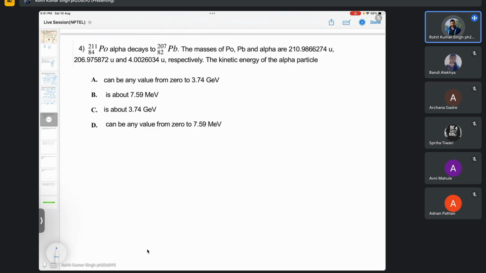So this is a problem on alpha decay. We have polonium 211 going to lead 207 plus an alpha particle.